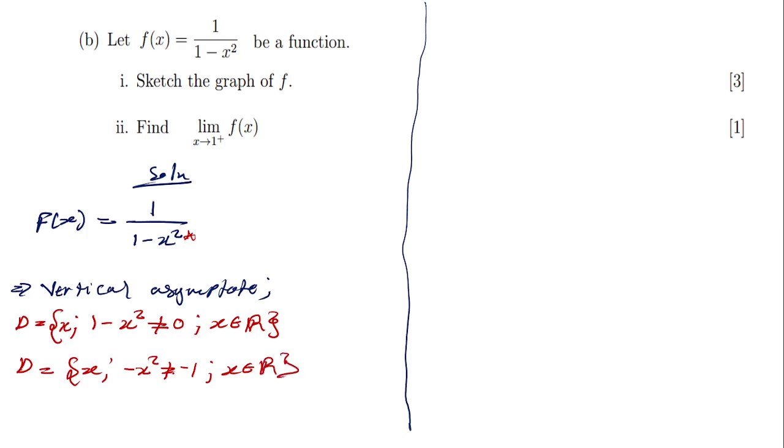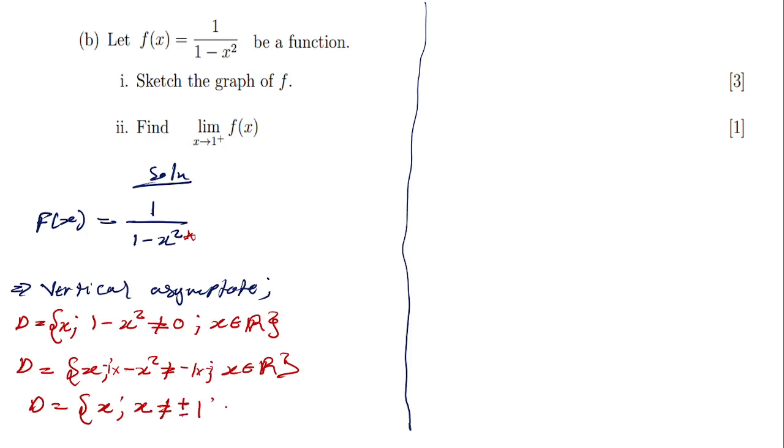Go and check that video; I'm sure there are about 2 or 3 of them. So domain is simply x such that x is not equal to positive or negative 1, since negative 1 times negative 1 will be positive, such that x is a member of real numbers.